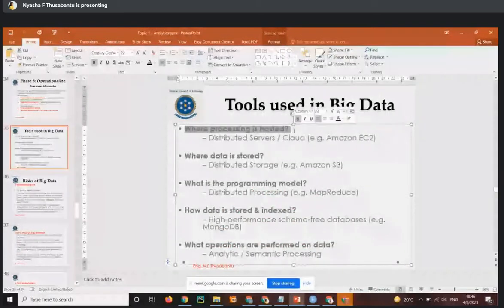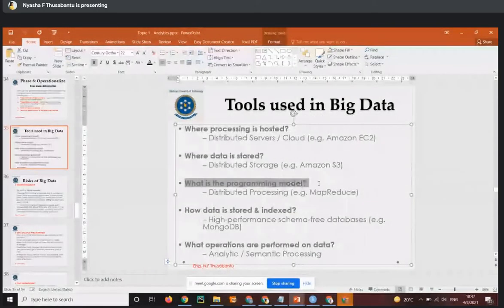So are we going to use distributed servers, cloud servers, Amazon, or are we going to use our physical servers? And where the data is stored, the programming model, are we using MapReduce? You need to understand the tools that are used under each.